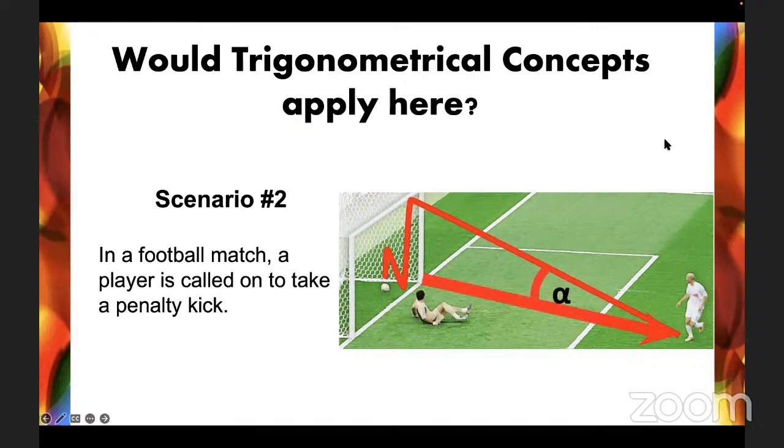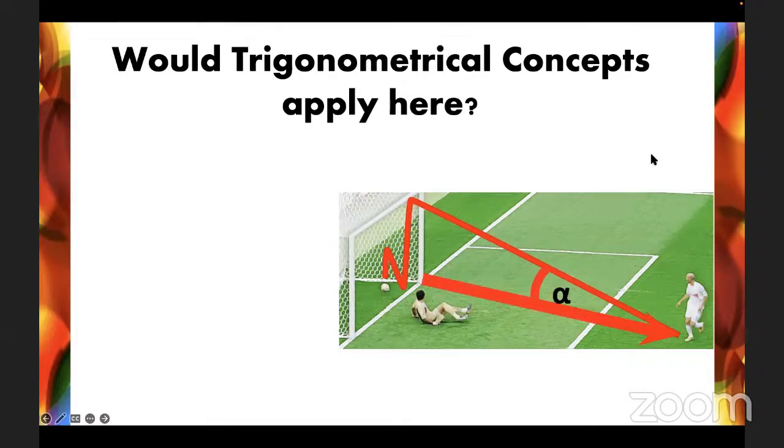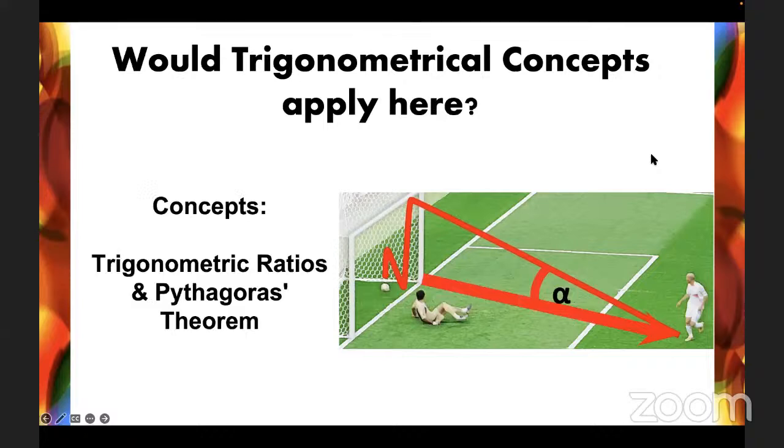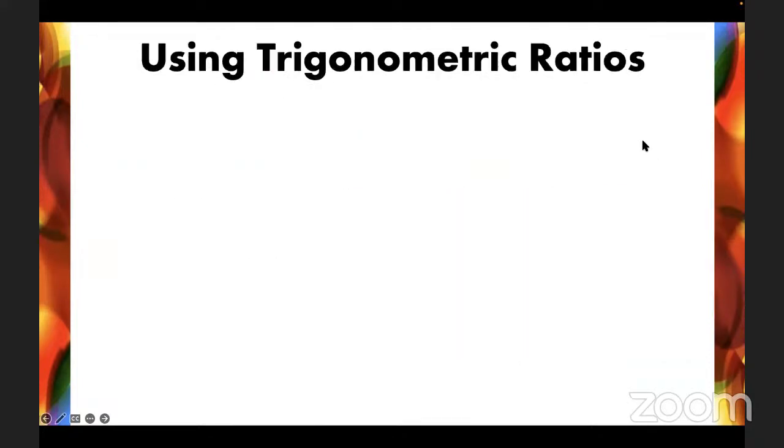So that's trig at work again. There we are. We are still applying trigonometrical concepts right here. Let's continue.